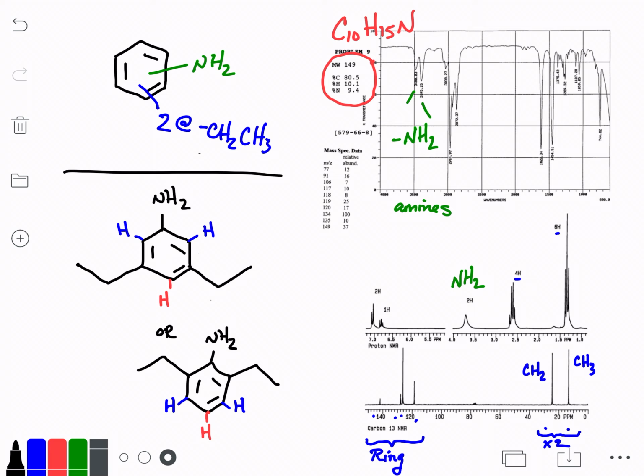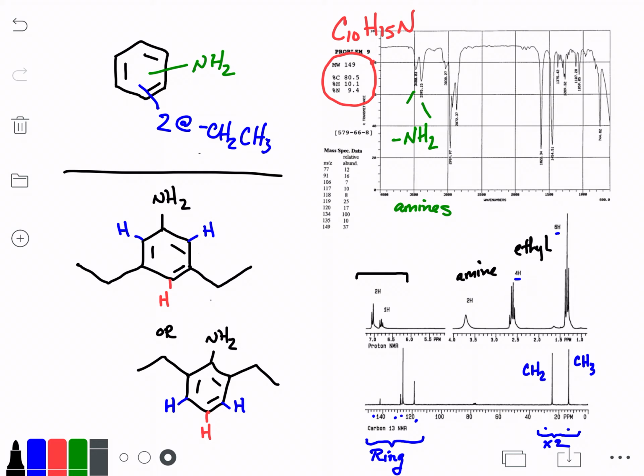So on the proton NMR, I've already dealt with my ethyl group and the end here. So I can say these are from my ethyl groups. I've already dealt with my nitrogen, which is my amine group here.